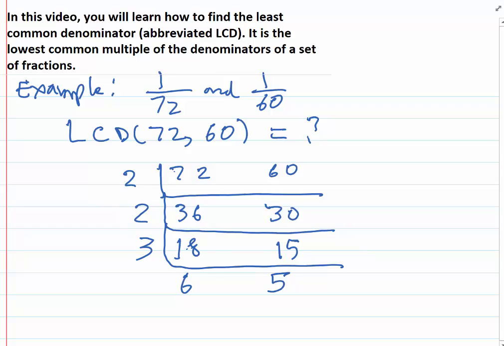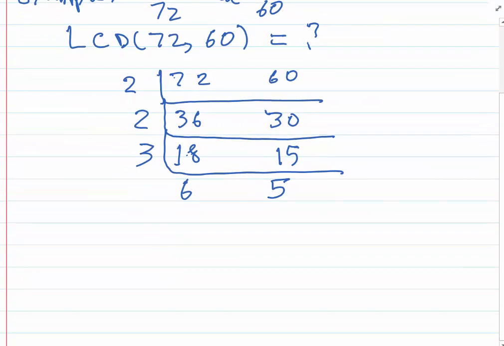Let's continue the process. Is there a prime number that would go into 6 and 5? Well, the answer is no, so we stop the process here and I'm ready to show you what the LCD is. Remember the letter L. That's the key for you to remembering how to find the least common denominator.